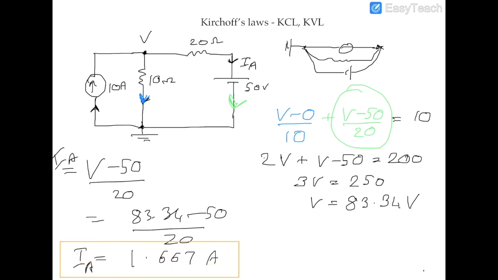Once again, we're making use of our nodal analysis, and we get a current which is flowing 1.667 amperes.